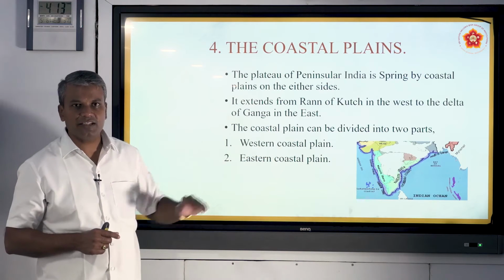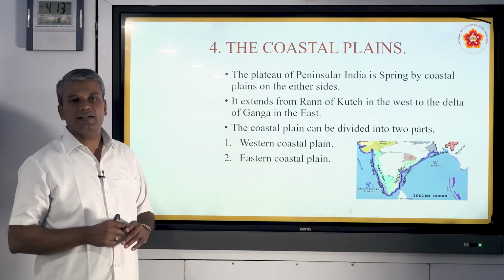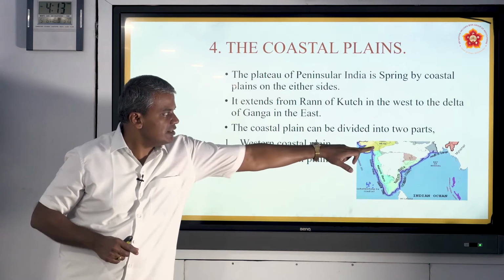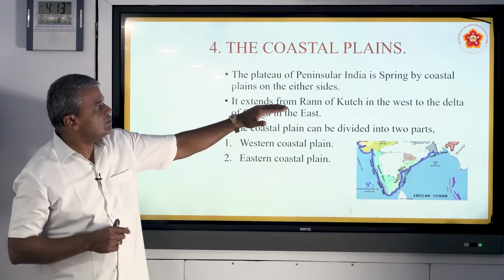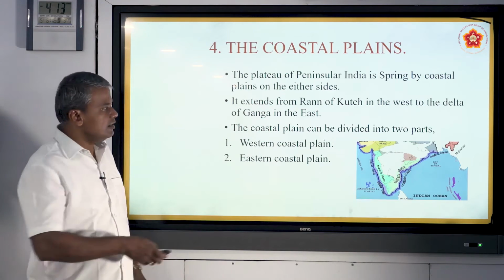From here it starts and it ends on the eastern side.